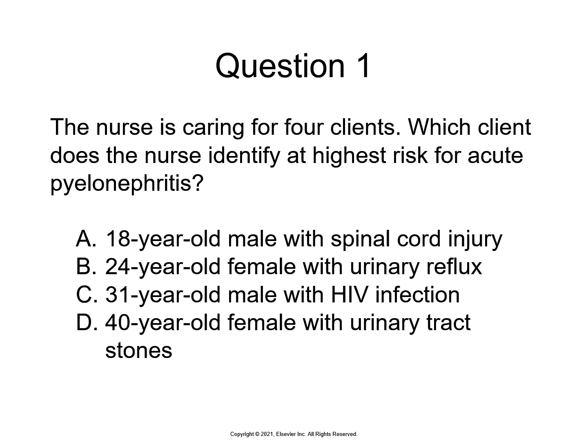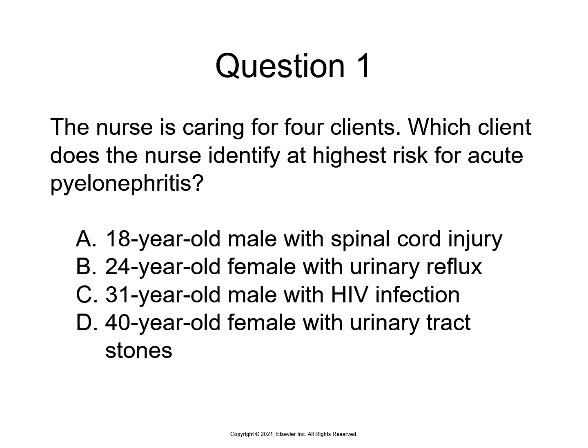The 31-year-old male with HIV infection does not contain a high risk of pyelonephritis. A 40-year-old female with urinary tract stones is more apt to get hydronephrosis. So your answer here is the one that talks about the urinary reflux.